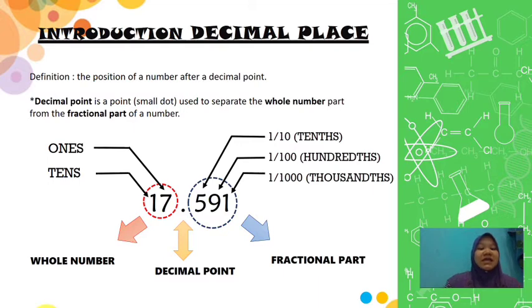Here we can see that the small dot in the middle is the decimal point, the number on the left side we call the whole number, and the right side we call the fractional part. Every position has a name: tens, ones, and then after the dot we call it tenths, hundredths, and thousandths, and so on, which are the fractions 1/10, 1/100, 1/1000, and so on.